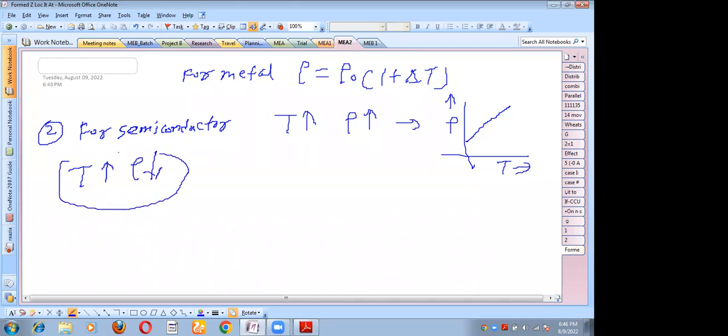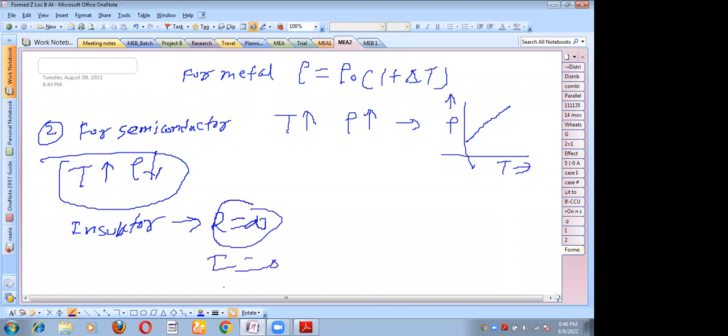Reverse of metal. For insulator, we know that resistance is infinite. No current can pass. Current is zero through an insulator. So no question of variation. So for semiconductor, resistivity decreases with temperature. It means alpha will be negative. That is why it is called negative temperature coefficient.